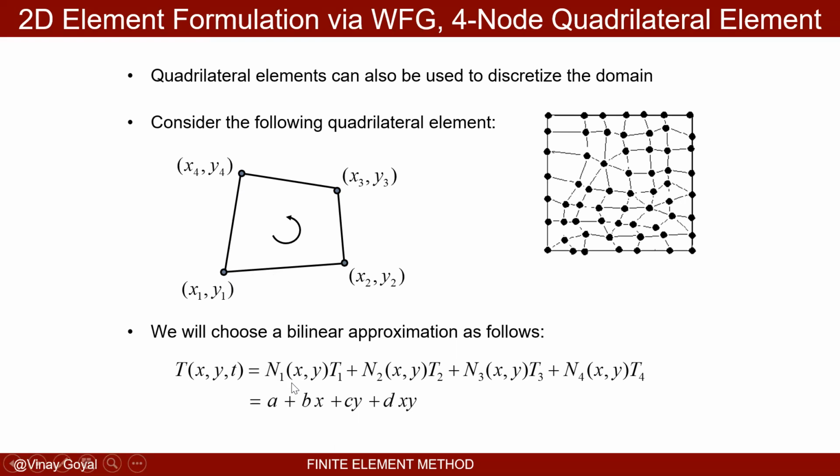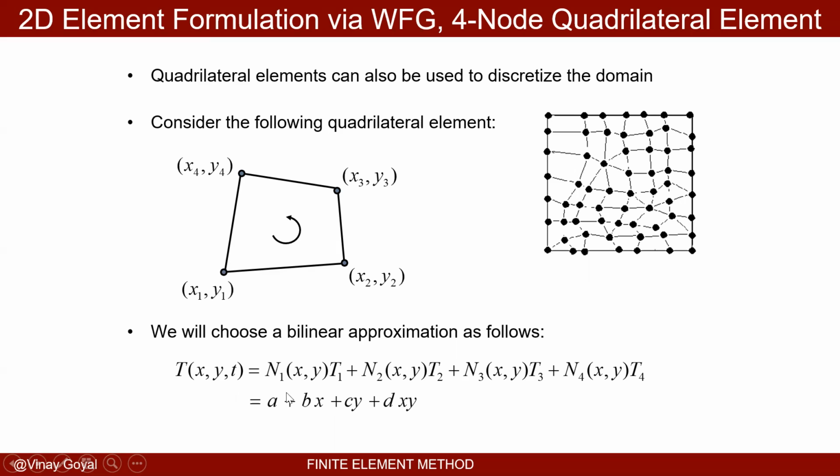And so what do I really want? I want to be able to write this equation here so I know N1, N2, N3, and N4, and want to find them in such a manner that it satisfies partition of unity and also the Kronecker delta property. Once again, the temperature at this node should be equal to T1.